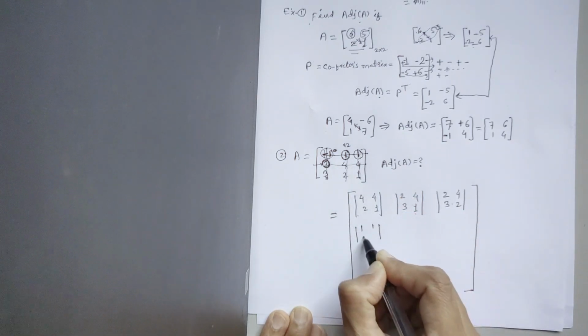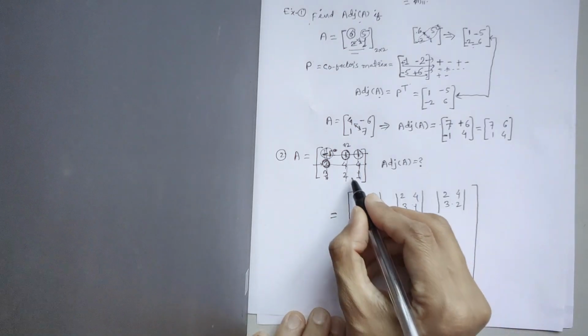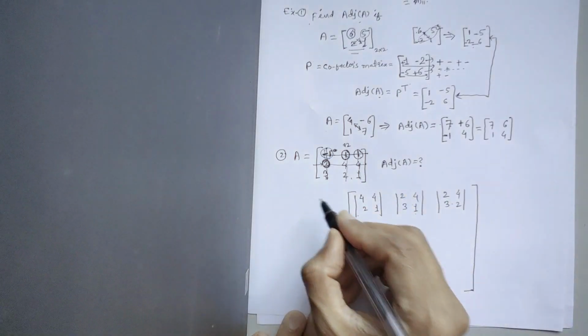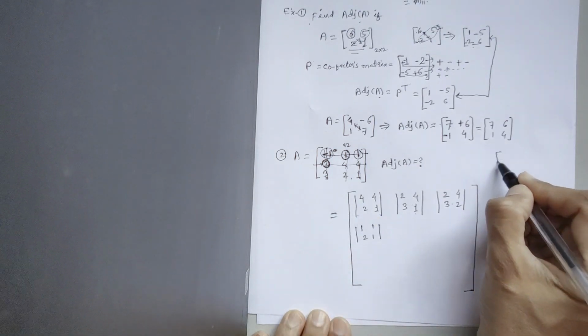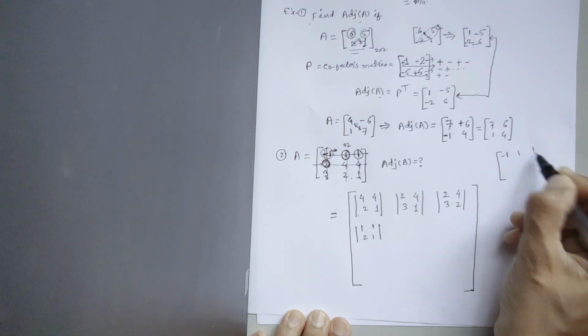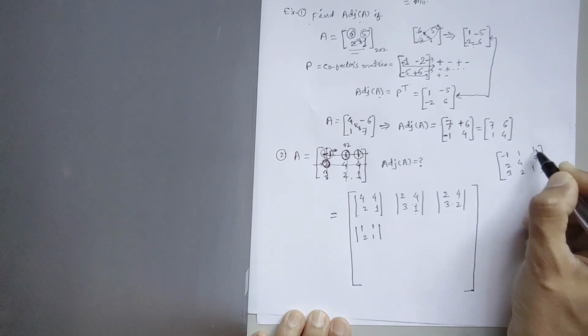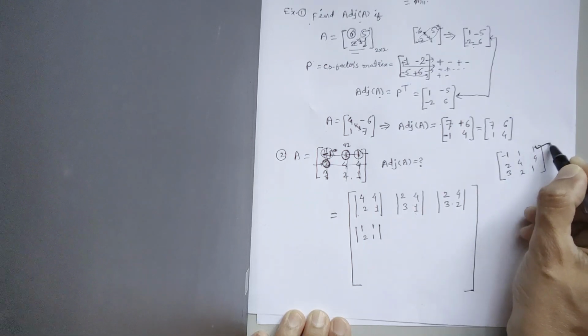Right? Now I will write this matrix here so that you will understand it clearly: minus 1, 1, 1, 2, 4, 4, 3, 2, 1. This we have done with the first row.